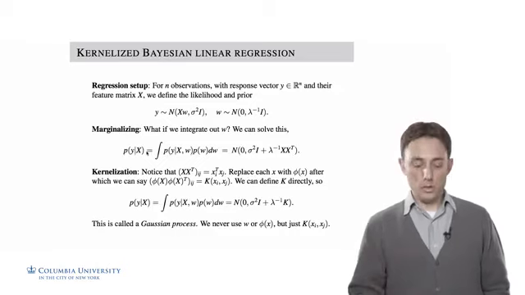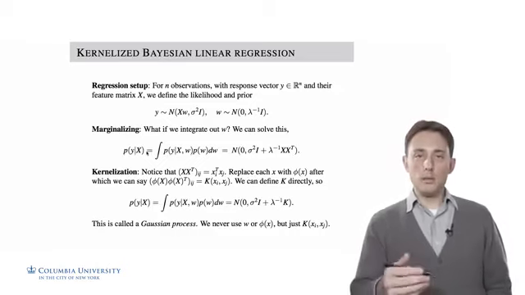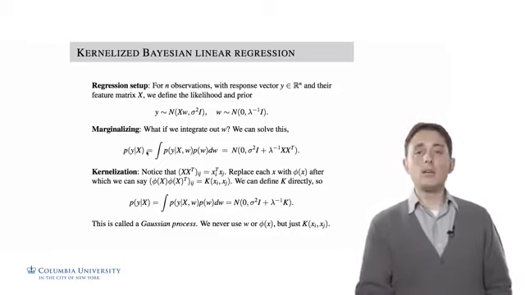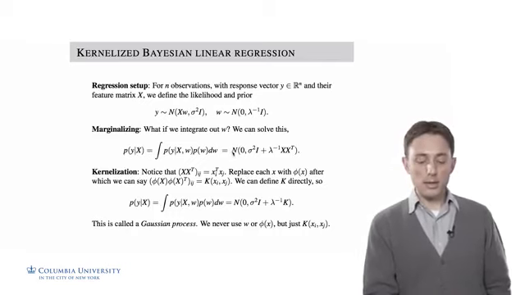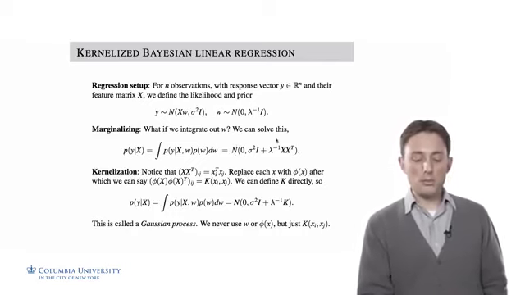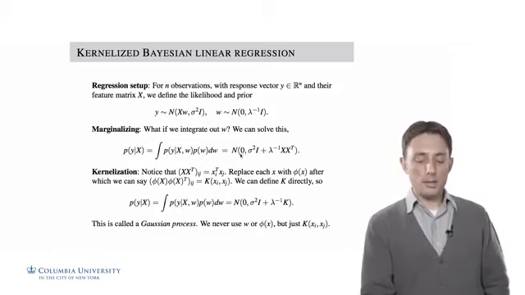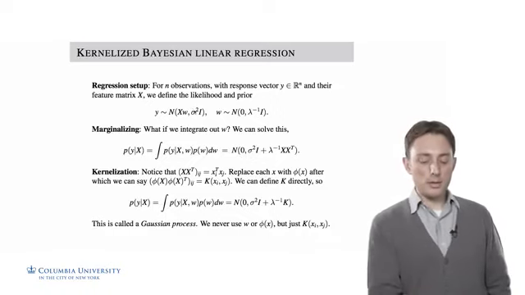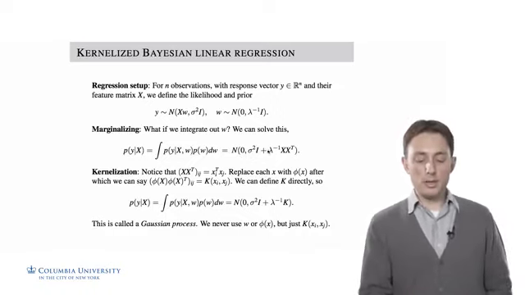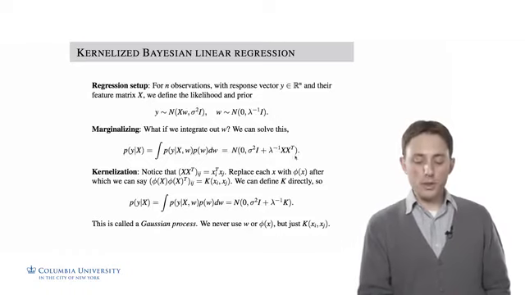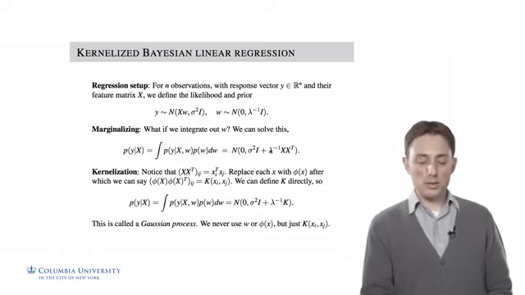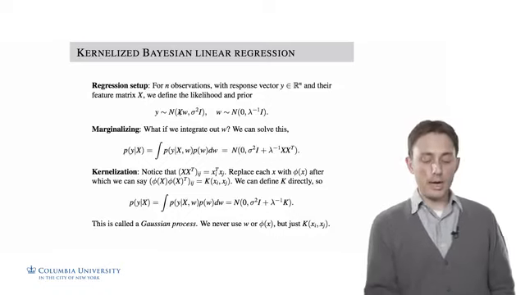I'm not going to derive this here, but what can be shown, and it's a standard result of working with Gaussians, multivariate Gaussians, is that the result is a multivariate normal that's zero mean, and the covariance is equal to the noise covariance plus this term, which results from the fact that we're integrating out the W here and the fact that we have a mean prior covariance on W there.